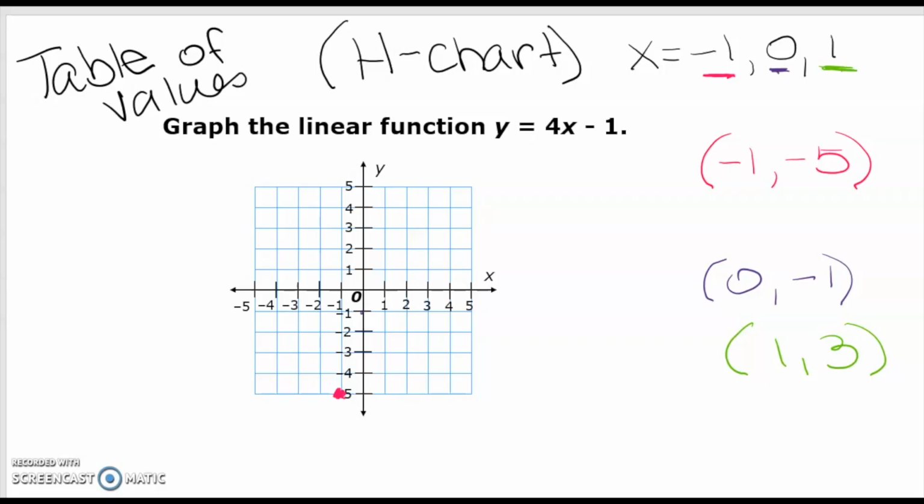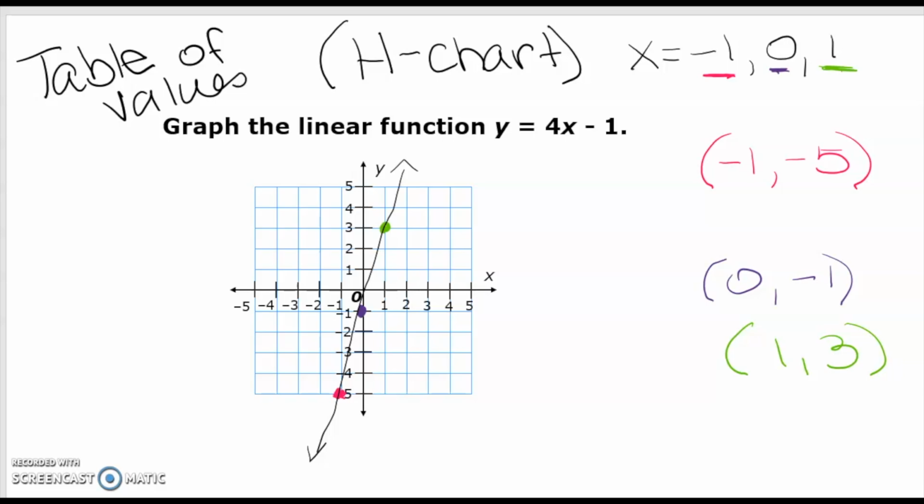So over 0, down -1. And the third point that I'm going to graph is 1, 3. So over 1, up 3. Now, if I've done everything correctly, these points line up in a nice straight line. And if I had a ruler, that would be even better, but I don't. So there we go. Okay, and they make a nice straight line.